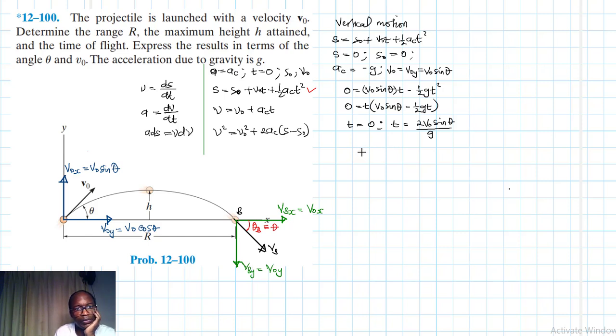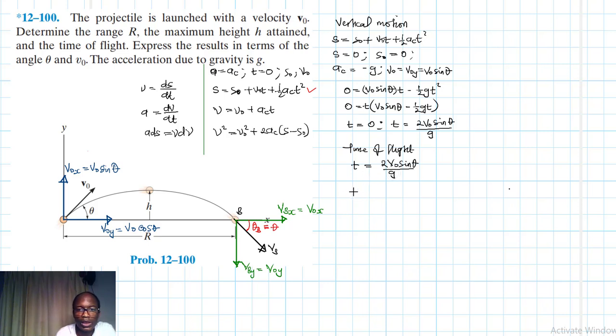So we can simply say the time of flight is t equal to 2 v naught sine theta divided by g.